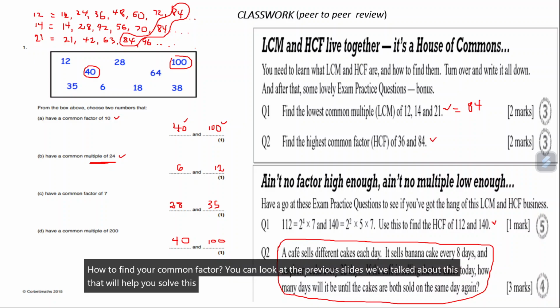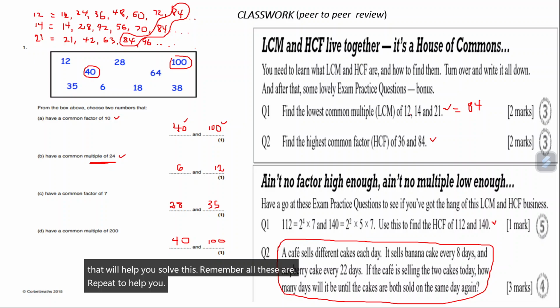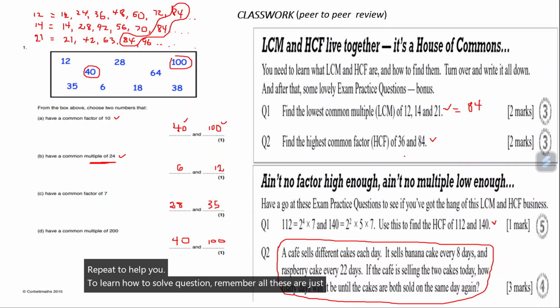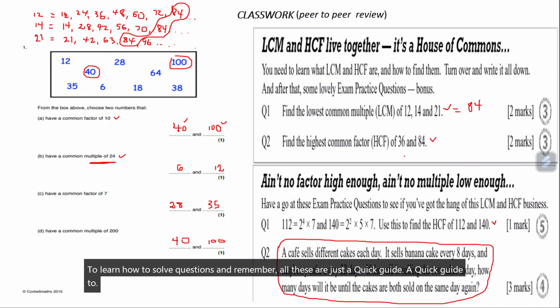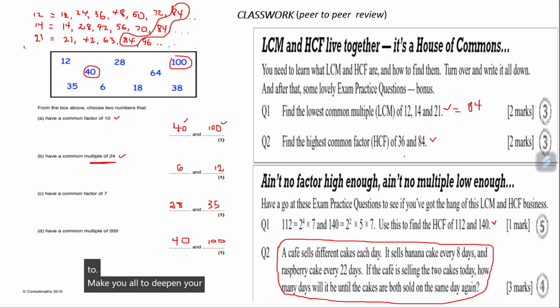Remember, all these are a bit to help you learn how to solve questions. And remember, all these are just a quick guide to deepen your knowledge of LCM and HCF.